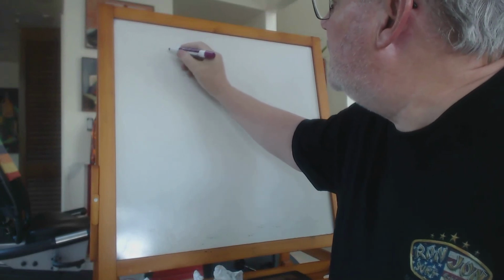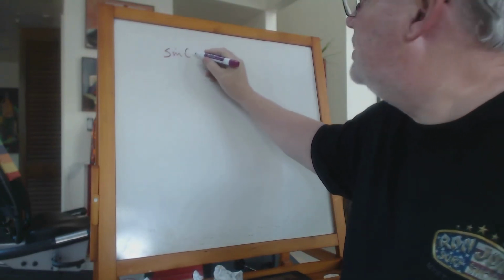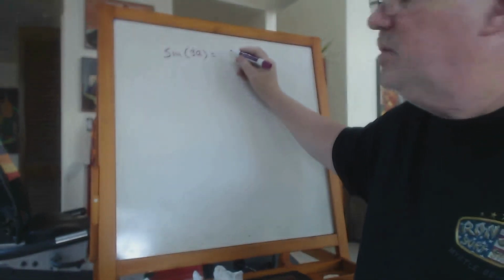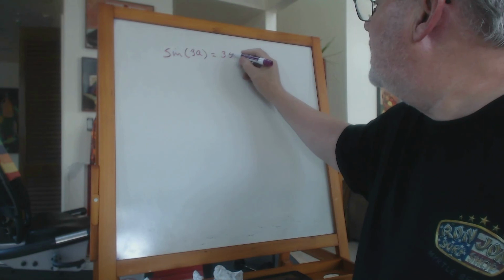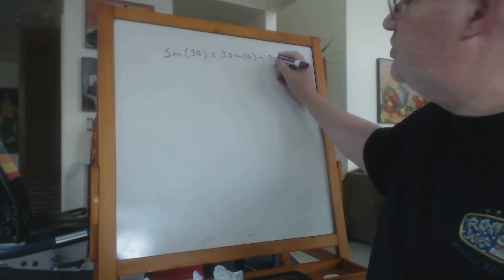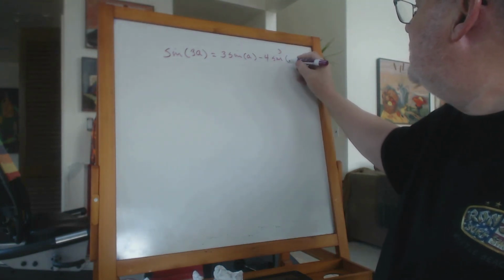that sine of 3A is equal to 3 sine A minus 4 sine cubed A. Well, let's get to it.